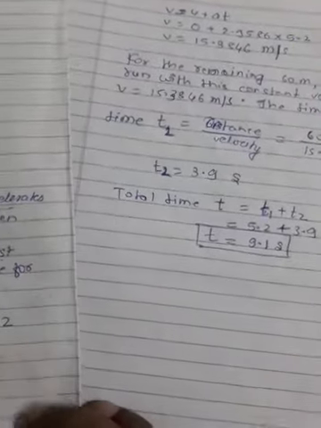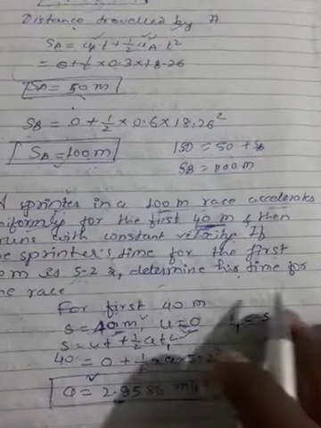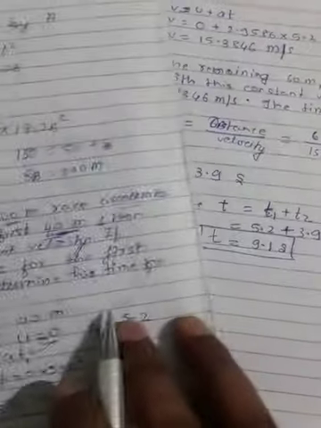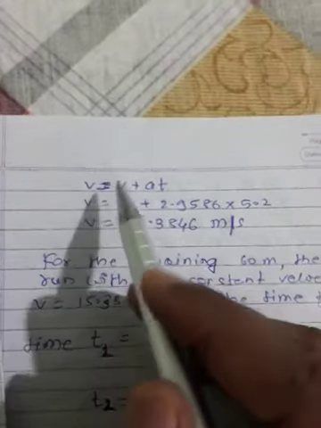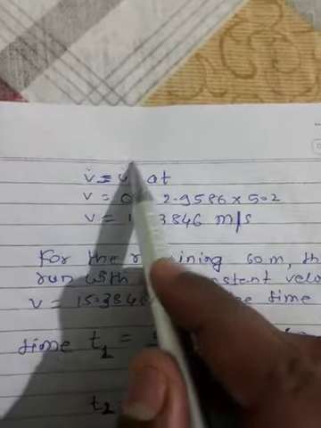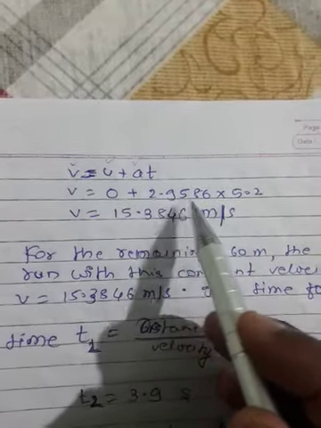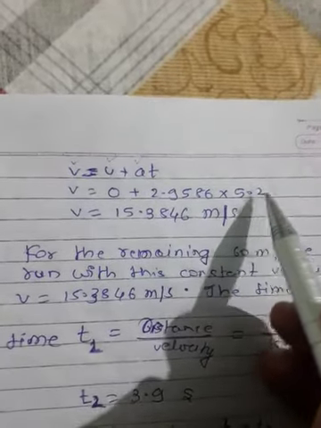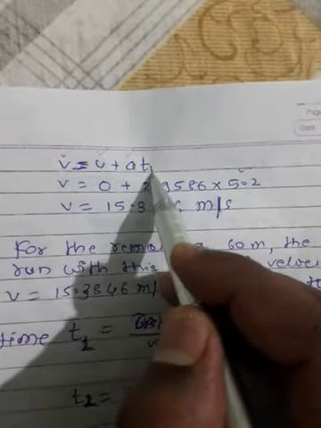Now from this I will get uniform acceleration here. So by using this uniform acceleration I am going to calculate the final velocity when it comes to the 40 meter distance. For final velocity I am using v equal to u plus at. Again initial velocity is 0, acceleration which you have calculated 2.9586 into time 5.2 already given. You can consider this as t1.